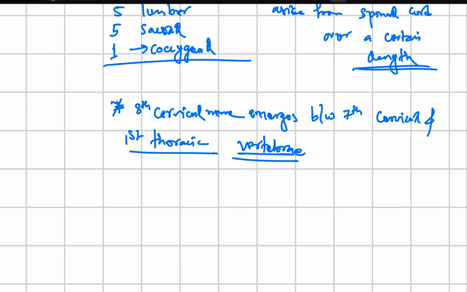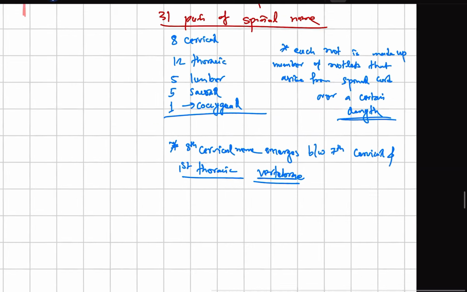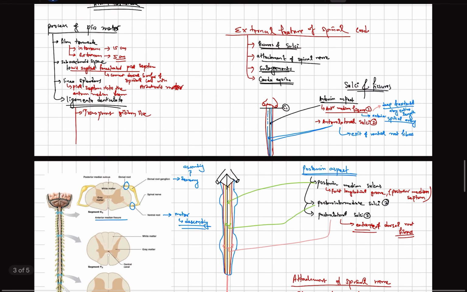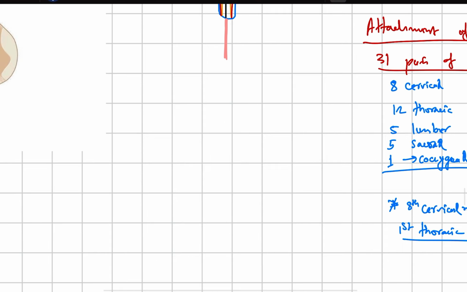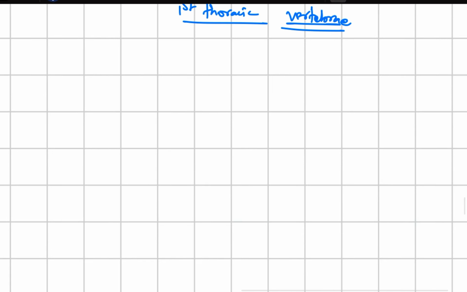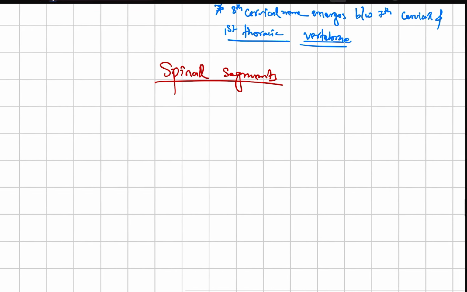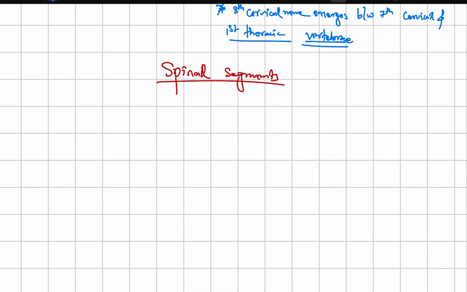This is for understanding. Now, there are the spinal segments. So now moving on to discuss the spinal segments. A spinal segment is a part of the spinal cord which bears the spinal nerves on the right and left sides.